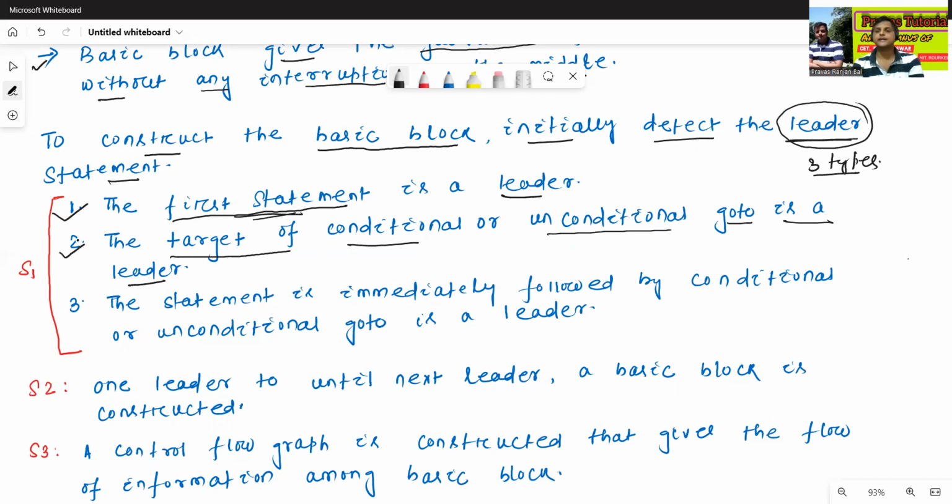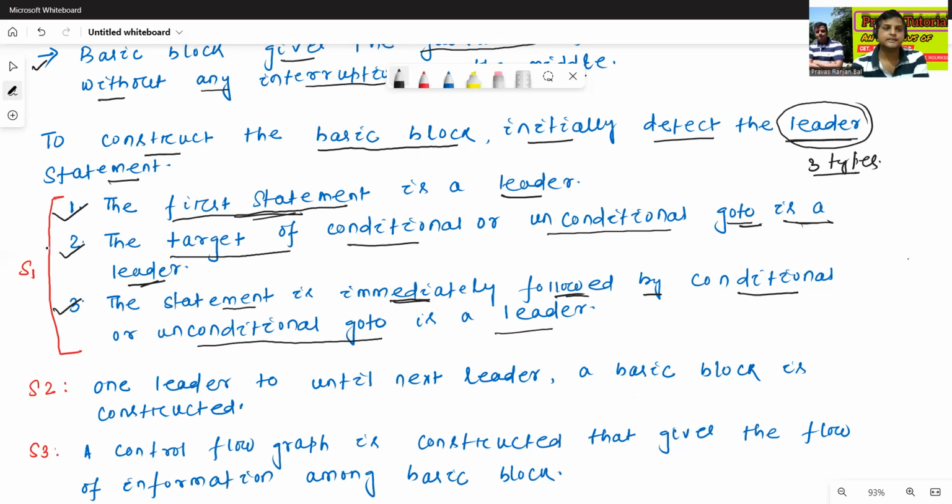What is the third point? The statement immediately following a conditional or unconditional go to is a leader.